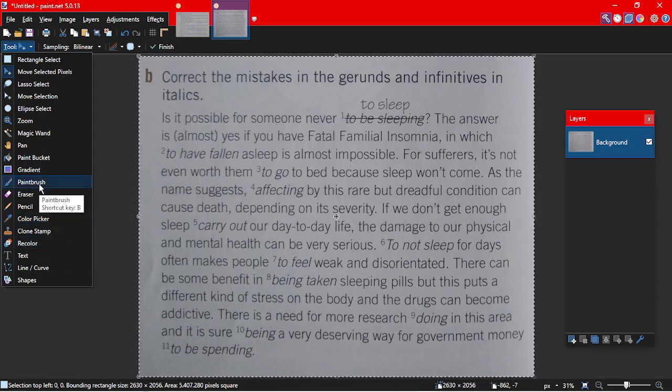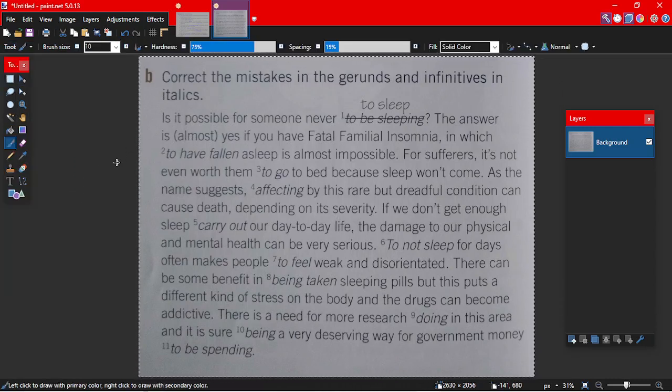To have failed is the wrong thing. You have to replace that with something. Oh, okay. In which falling asleep is almost impossible. Yeah, great. Falling asleep means dormirse.